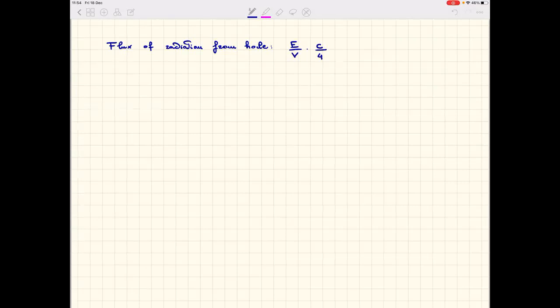So in practice, what experimentalists measure is this flux, energy per unit area per unit time, which is c over 4 E over V, and is equal to pi squared over 60 times k_B^4 divided by h bar cubed c squared, times T to the 4th.